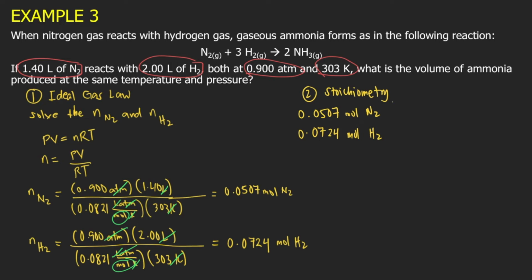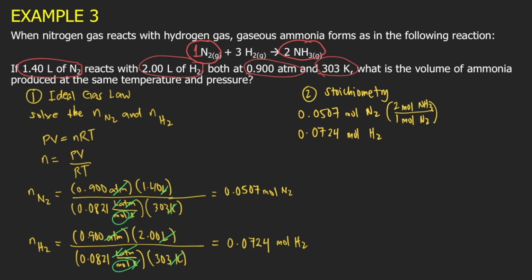So moles of N2, if we look at the balanced reaction, 1 mole of N2 produces 2 moles of NH3. So you write that into your equation, 1 mole of N2, 2 moles of NH3.